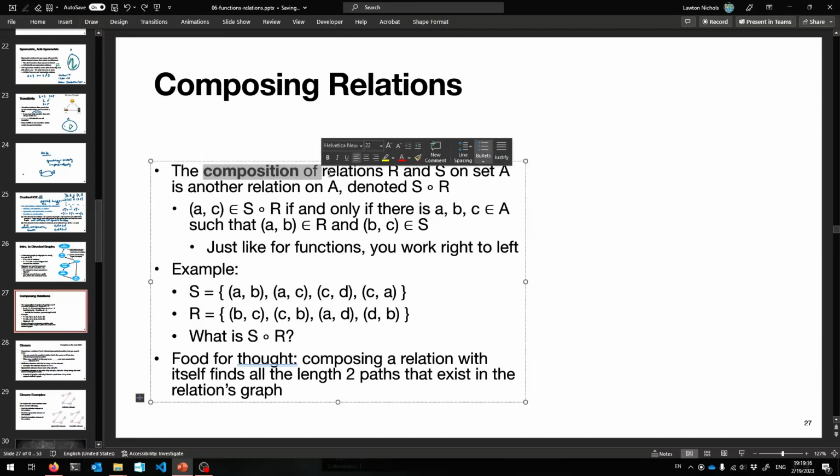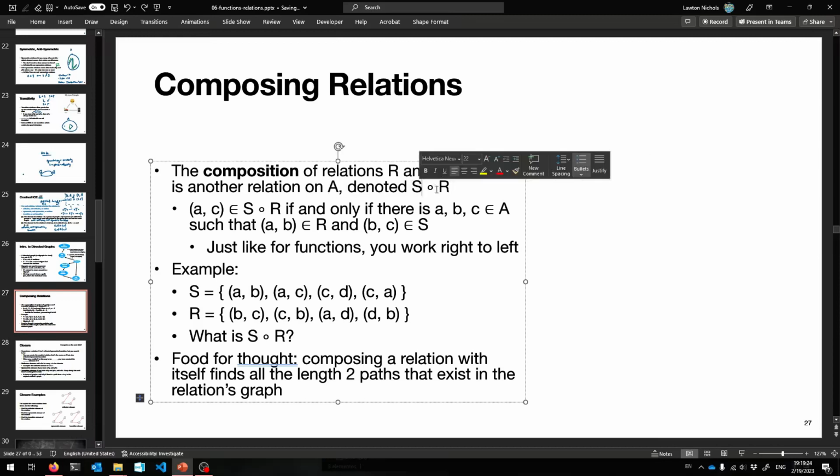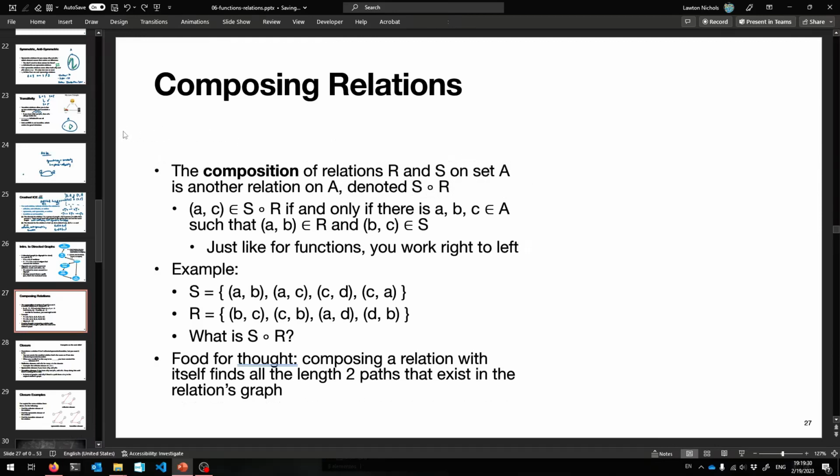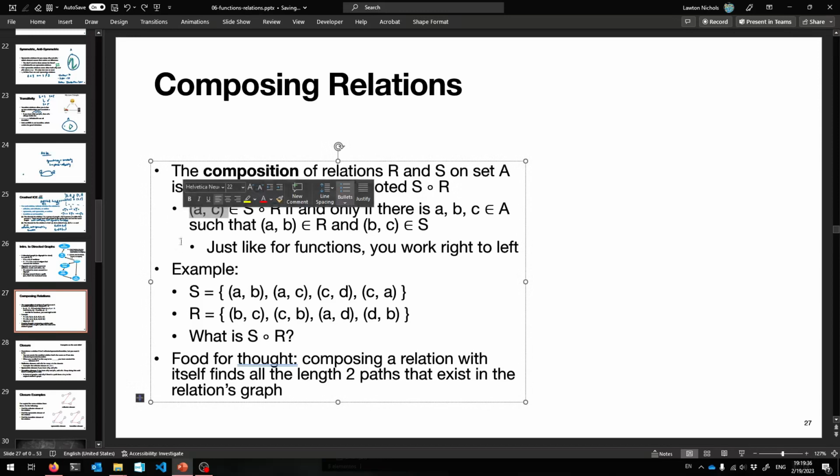The composition of relations R and S on a set A is another relation on A, and it looks like this. Let's first do R, then do S. S after R, again in the relational sense, not the functional sense. It's a little weird. And so here's how you define it. A comma C: A is related to C under this composed relation if and only if there's some transitivity going on.